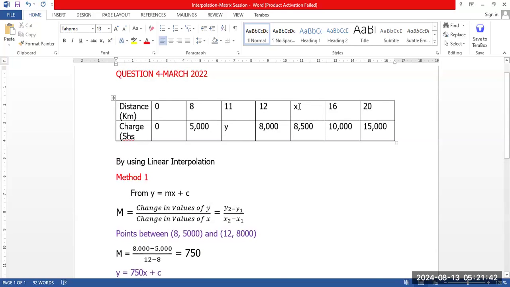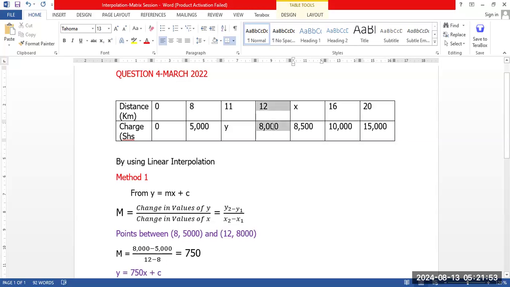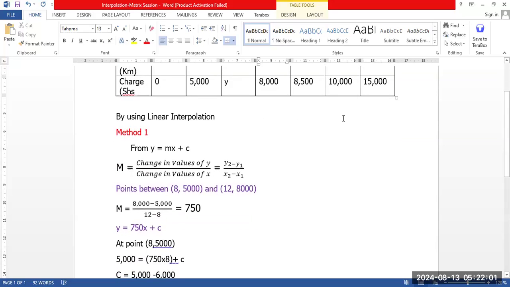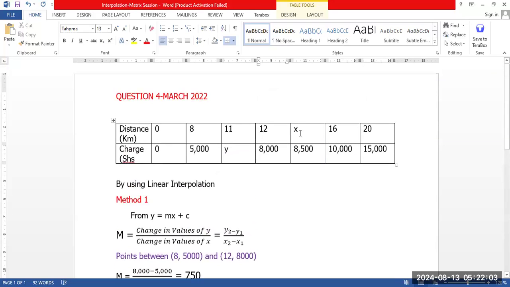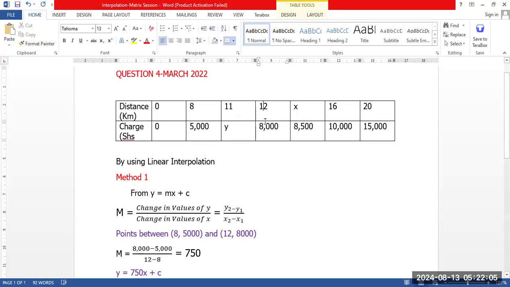So it means that if you're looking for the value of, let's say, X here, you will still do the same methods. You have point 12 and 8,000, then also 16 and 10,000. You first get the gradient using this point and also this point.